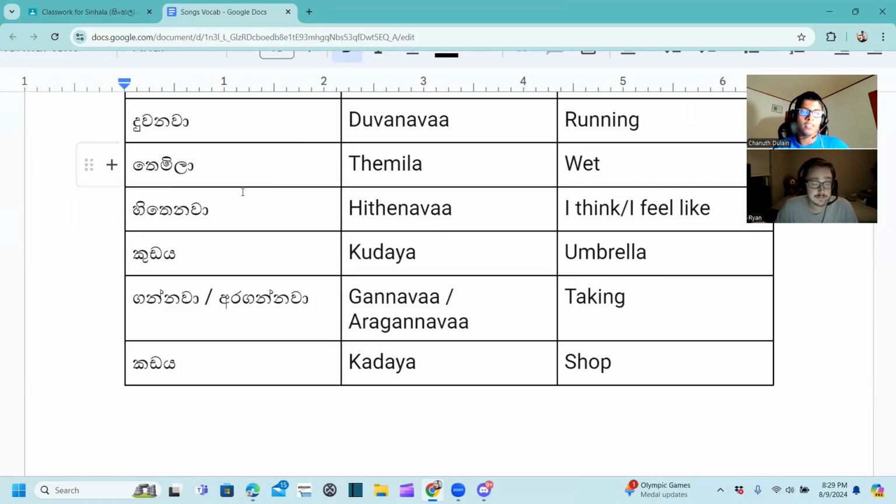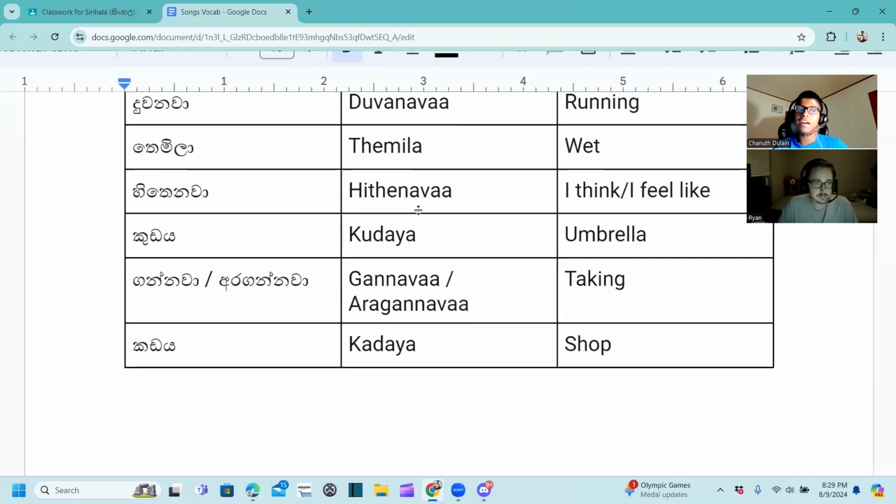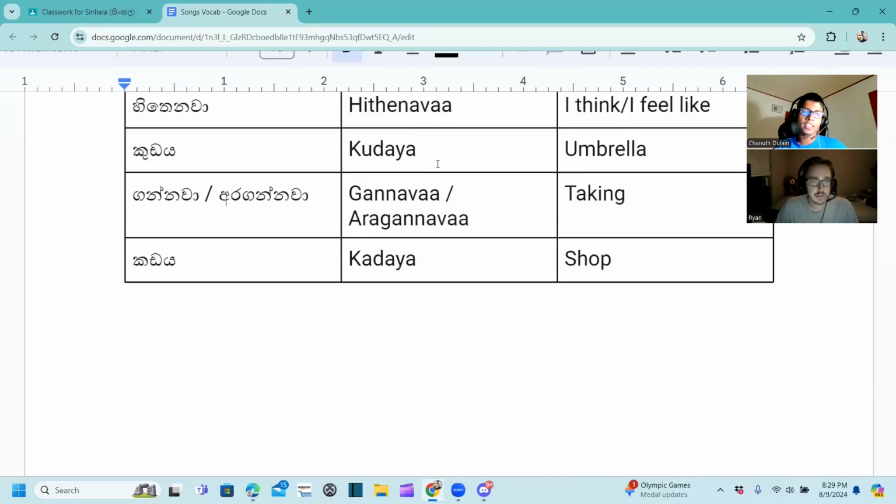And we have temila. Then we have hitenava. It means like I think, or I feel like doing this. And kudaya. And gannava or arganava.